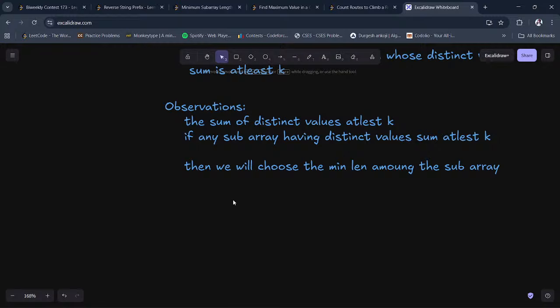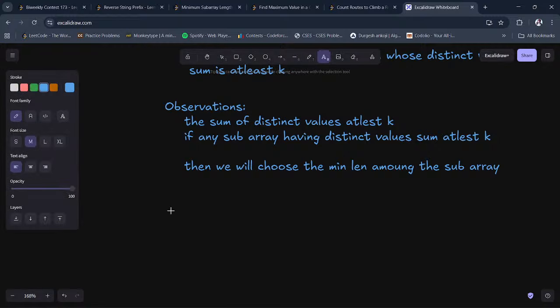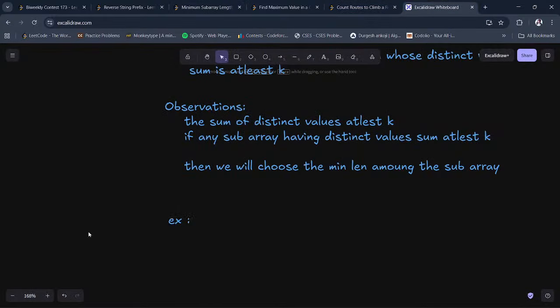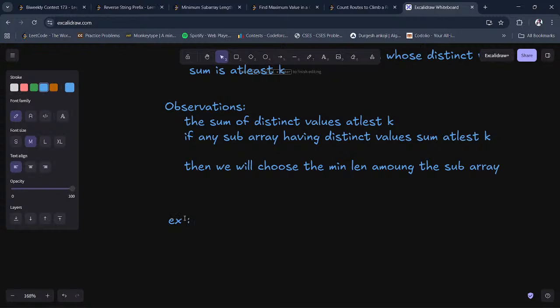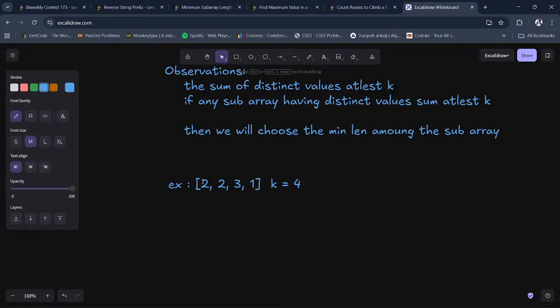So these are the observations we can make. We'll take an example. The array is 2, 2, 3, 3, 1, and we say k equals 4. This was the first example. The distinct values present here are 2, 3 and 1.